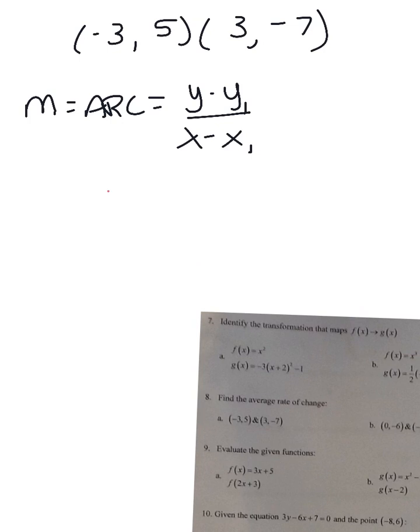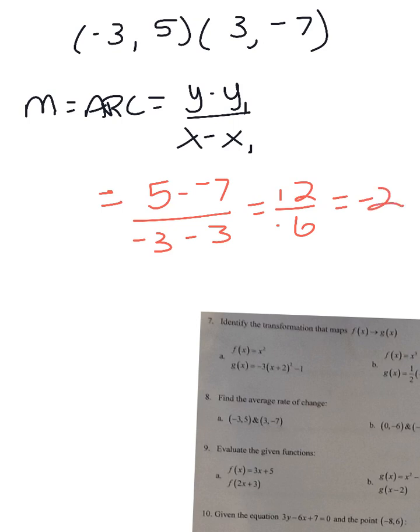So it's y minus y. So it's 5 minus negative 7 over negative 3 minus 3. 5 minus negative 7 is 12, over negative 3 minus 3, which is negative 6. So this is negative 2. All right, and then let me change my points.